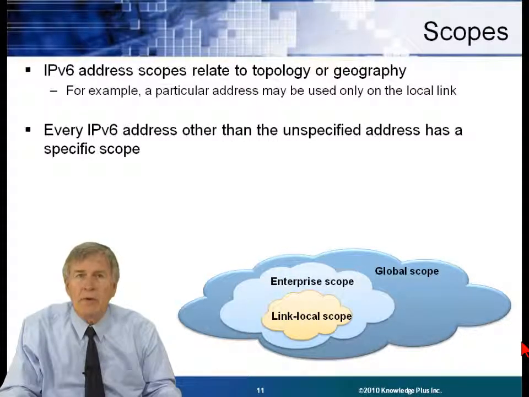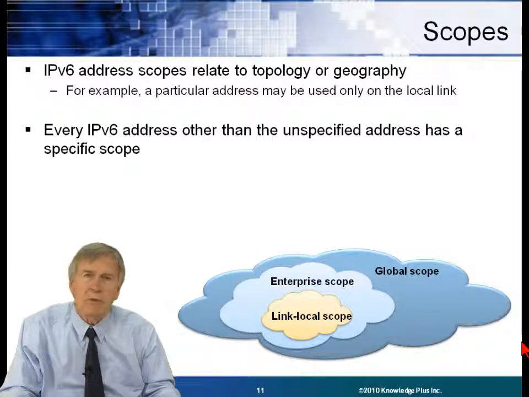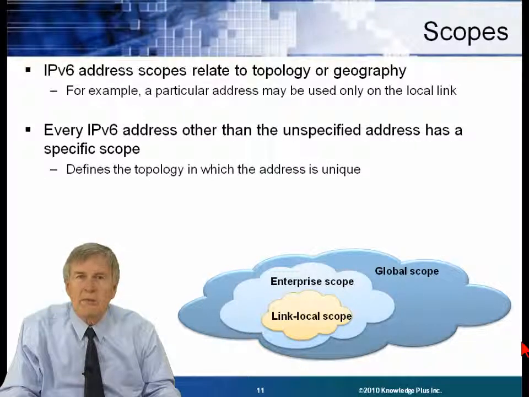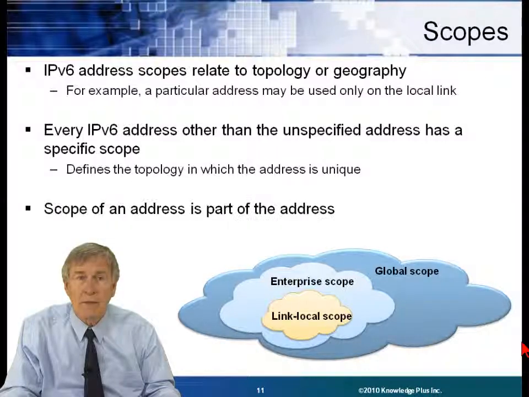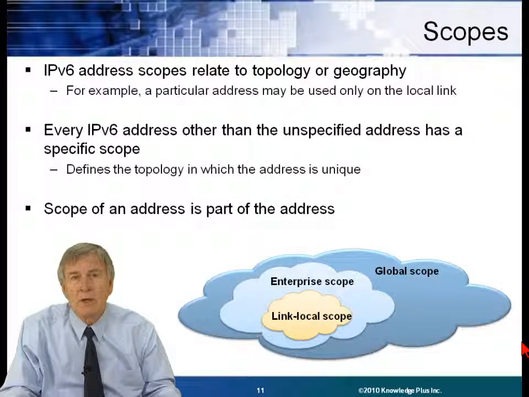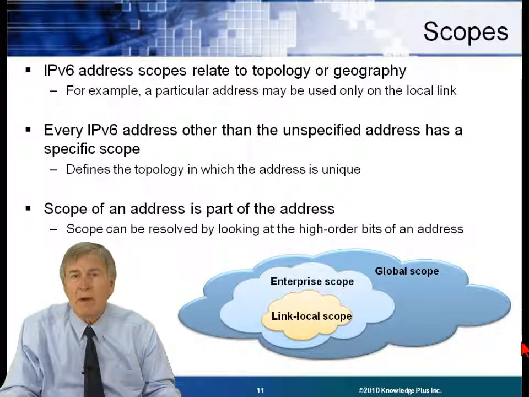Every IP address, other than the unspecified address, which remember is all zeros, has a specific scope. That defines the topology in which the address is unique and can be used. So the scope of an address is part of the address. Scope can be resolved by looking at the higher order bits of an address.